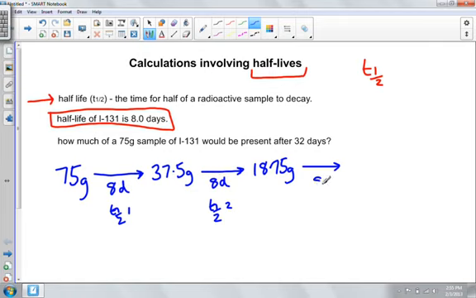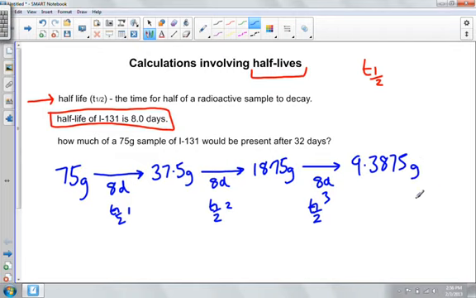If we do another 8 days here, half-life number 3, that then becomes 8, 16, 24. Now 18.75 divided by 2 is about 9.3875, maybe something like that. Not entirely sure.